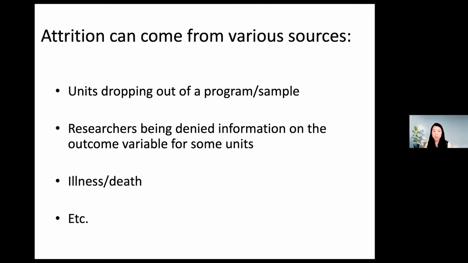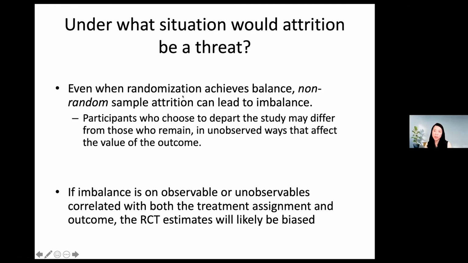So these sources of attrition can have an impact on our experiment. If the attrition is just random, right? Some students leave the experiment, then it's probably not a big problem.